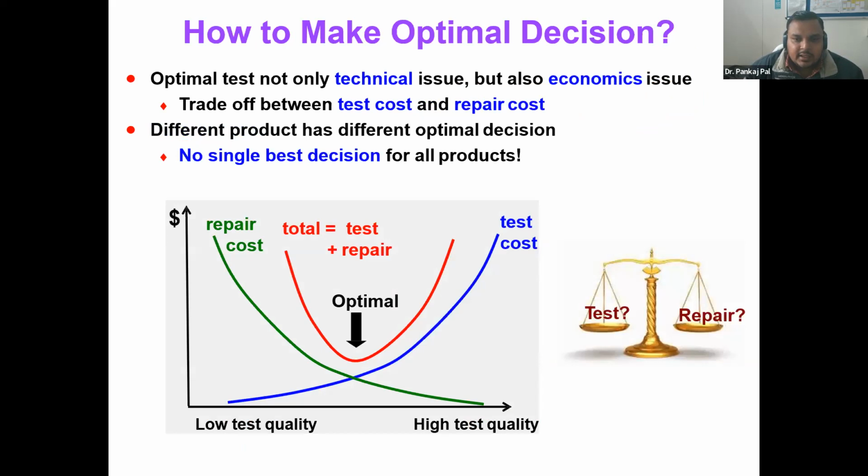And this is the case I have already discussed with you: ultimately you have to balance quality and economics. If you go for more tests, then your test cost will increase, but definitely you are getting high test quality ICs. If you reduce the number of tests, then your test quality will be poor, but yes, the test cost will be less. You have to pay more repair cost if a customer finds all these things.